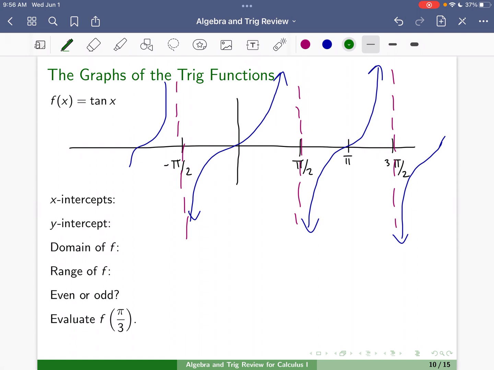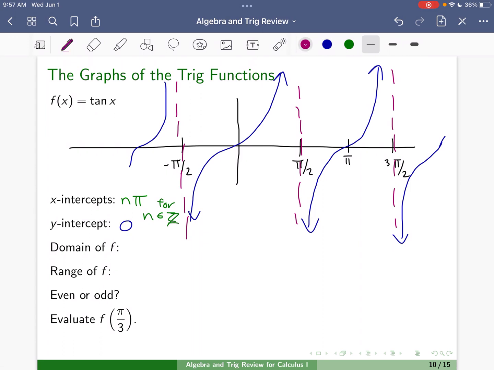Now the x-intercepts, those are going to occur at all the multiples of pi. The y-intercept occurs at 0 itself, right there. The domain of this function is everything except for those odd multiples of pi over 2.